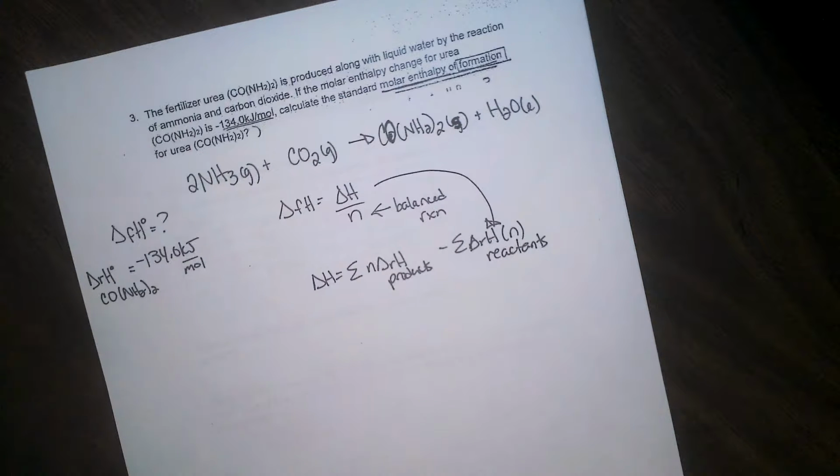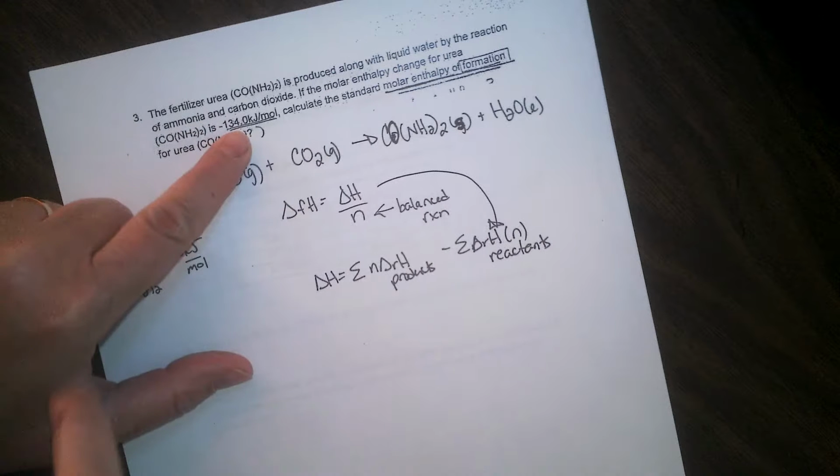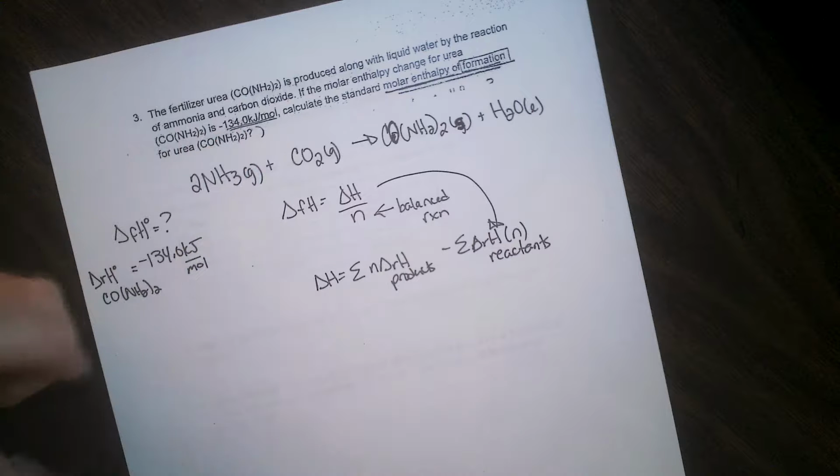Okay, and I just wrote it backwards because I wrote delta HF first. Let's see, urea isn't on the list. But it gave it to us here, right?